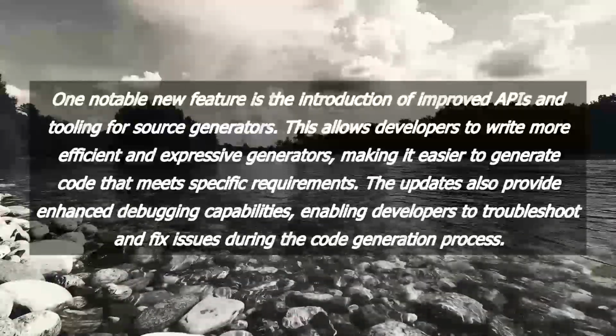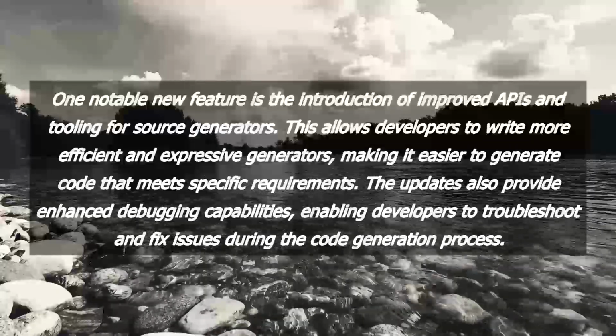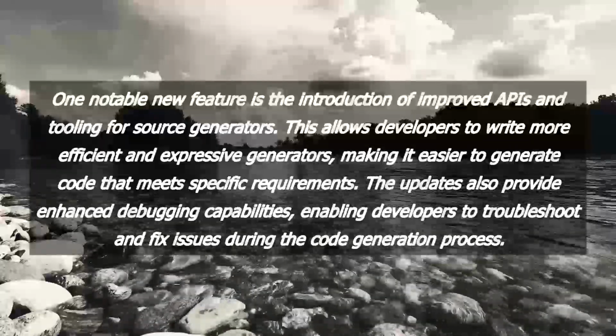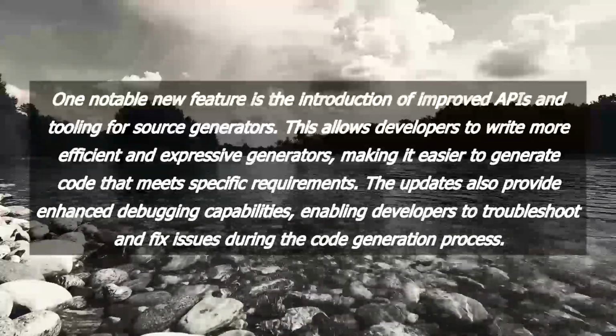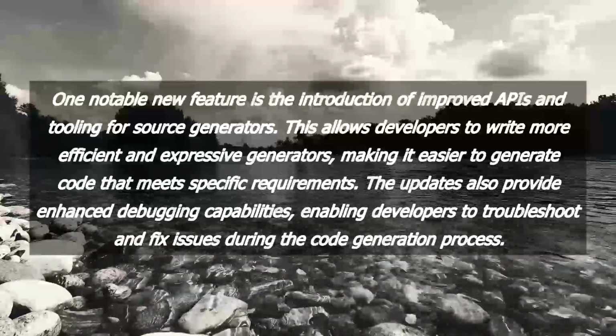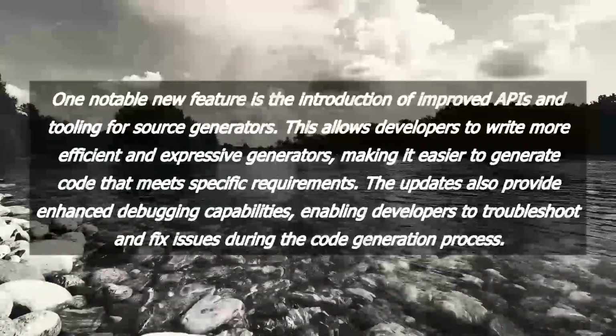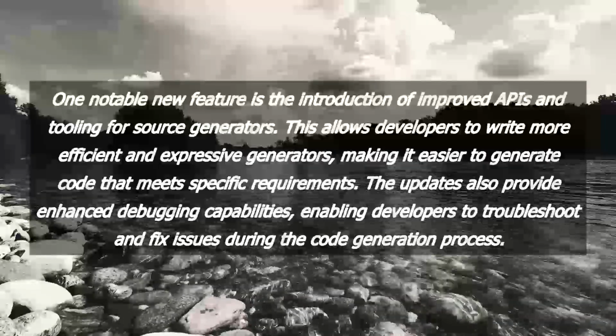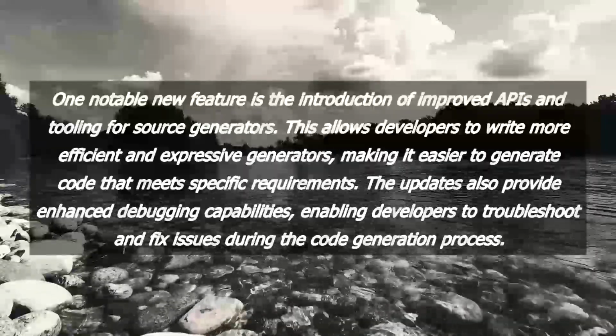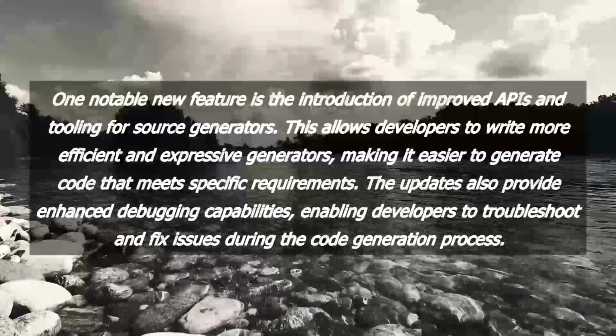This allows developers to write more efficient and expressive generators, making it easier to generate code that meets specific requirements. The updates also provide enhanced debugging capabilities, enabling developers to troubleshoot and fix issues during the code generation process.